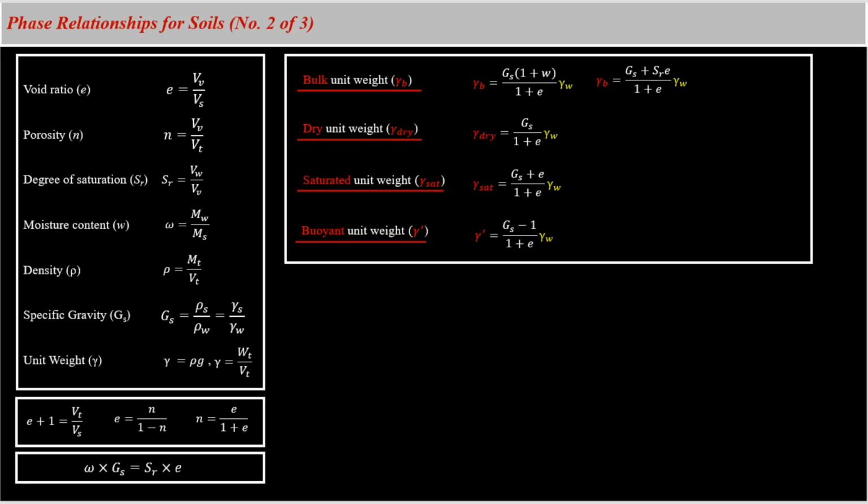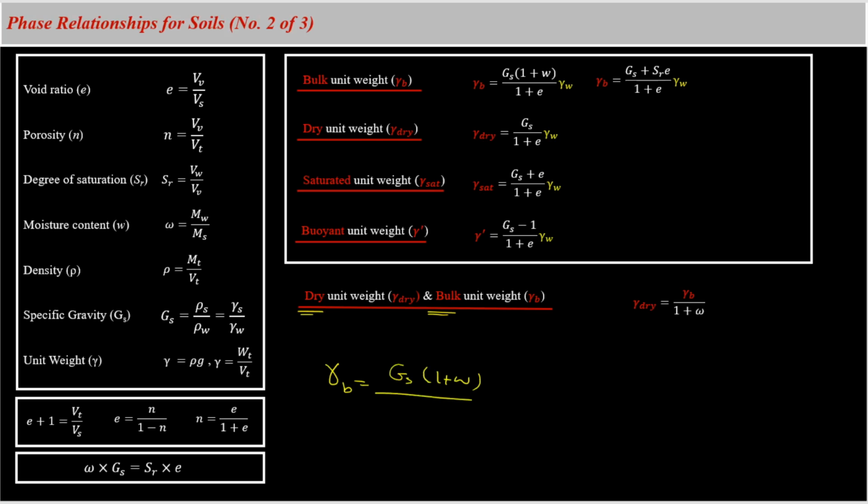And now that we are familiar with these unit weights and their equations, it is going to be very useful to know the relationship between them. So the first one is dry to bulk unit weight. We know the bulk unit weight is equal to specific gravity times 1 plus the moisture content divided by 1 plus the void ratio times the unit weight of water.